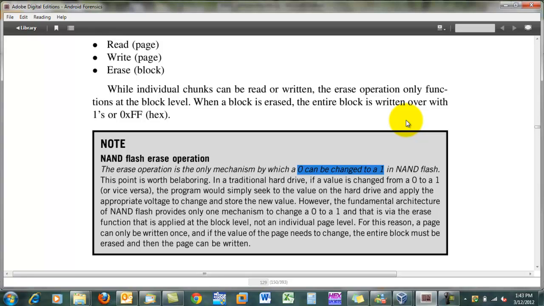You cannot simply write to a page. You can write to a page and try to change from 0 to 1, but it's not possible. You must erase the whole block. How about changing from 1 to 0? Yes, you can change the bit from 1 to 0 by doing a write page.